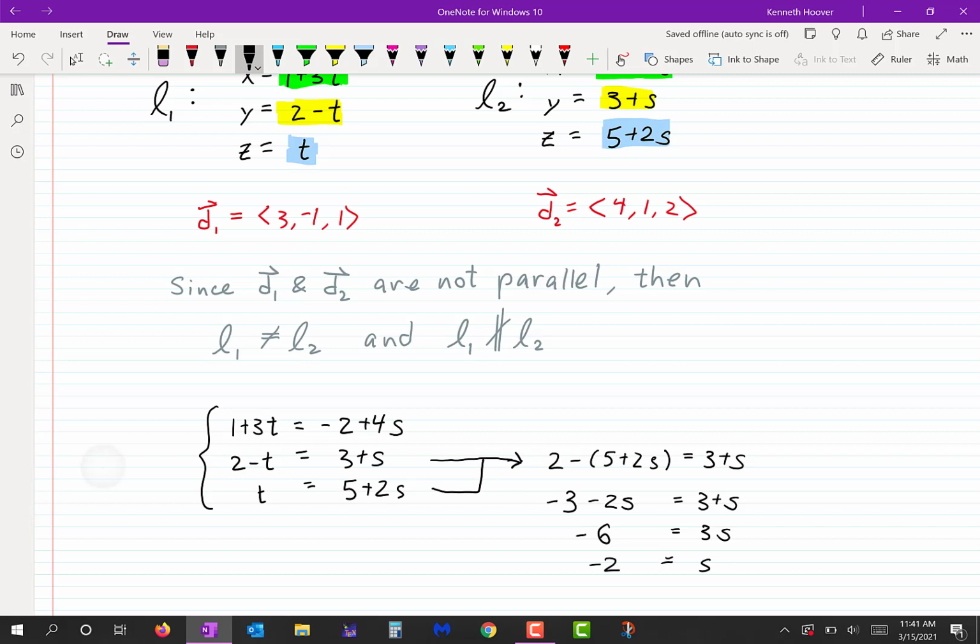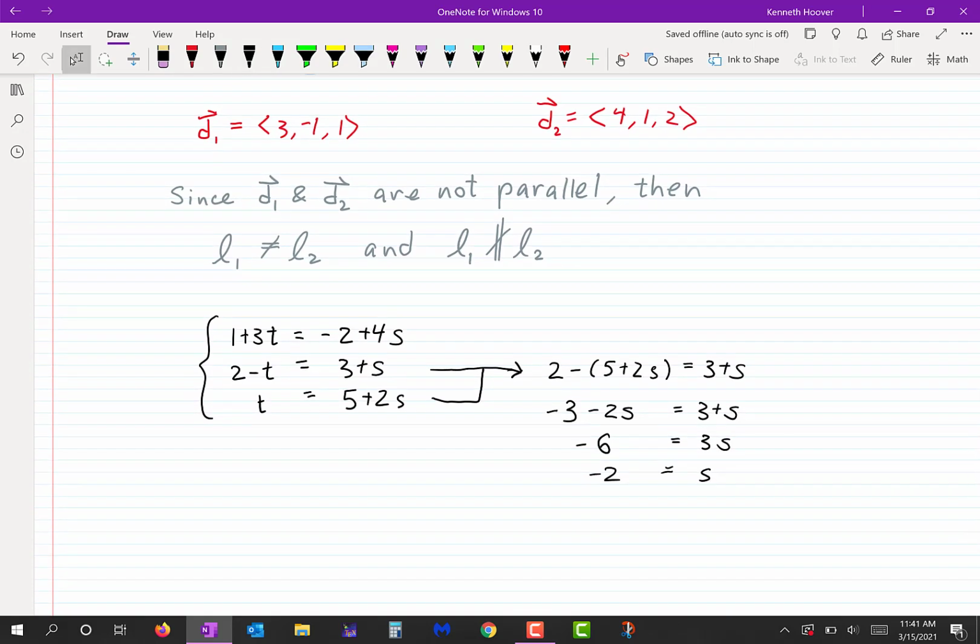Okay. And since t is 5 plus 2s, that means that t would have to equal 5 minus 4, which would equal 1.